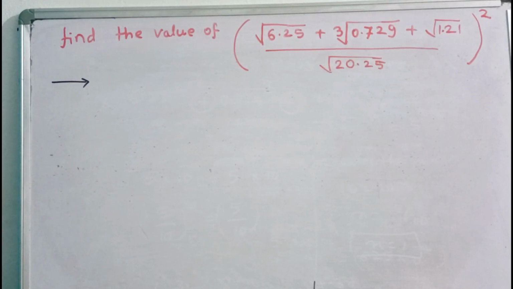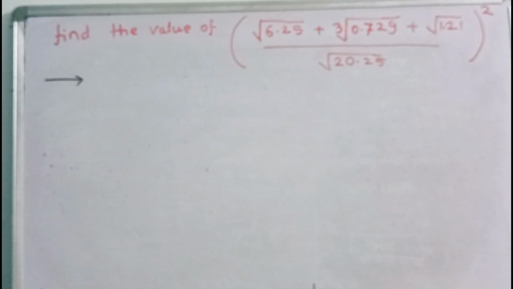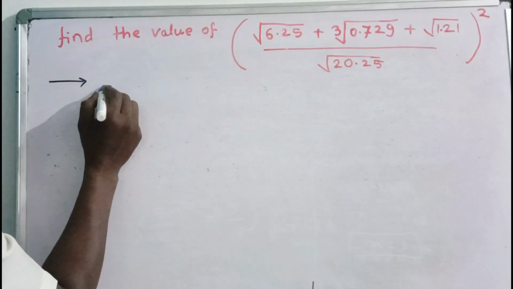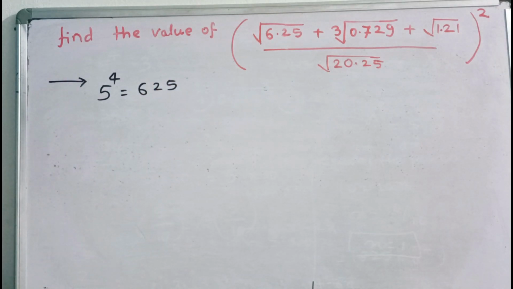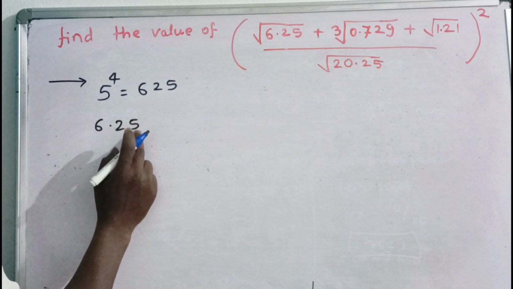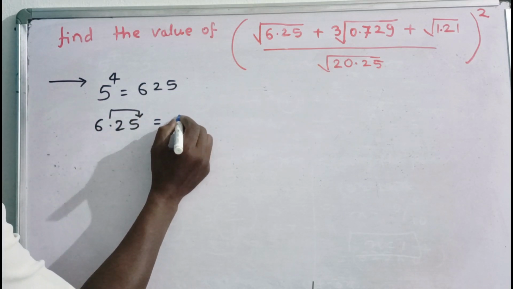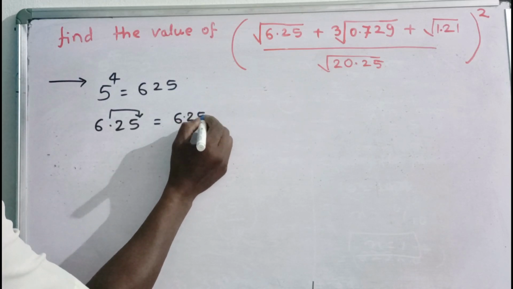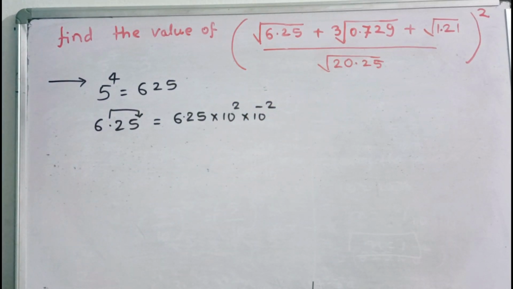Now here, 5 raised to the power 4 is nothing but 625. लेकिन वहां पर 6.25 है तो हमें क्या करना पड़ेगा? 6.25 में डिजिट पॉइंट 2 डिजिट के बाद शिफ्ट होने वाला है, तो 6.25 into 10 to the power 2 into 10 to the power minus 2.